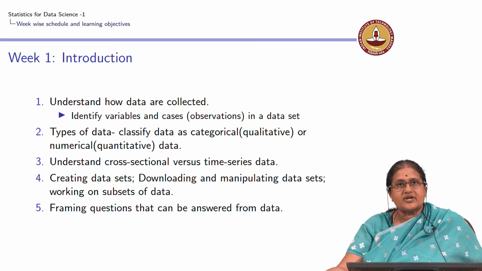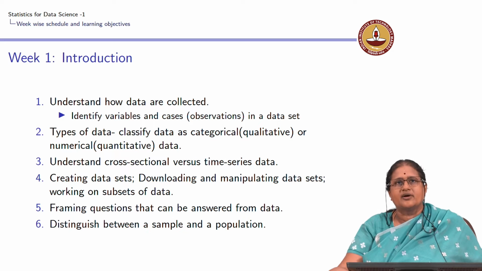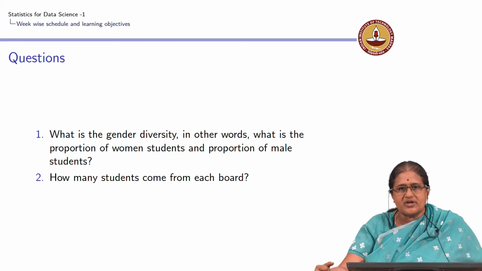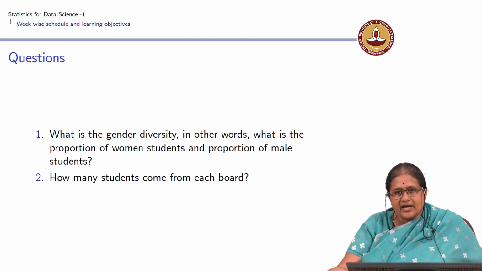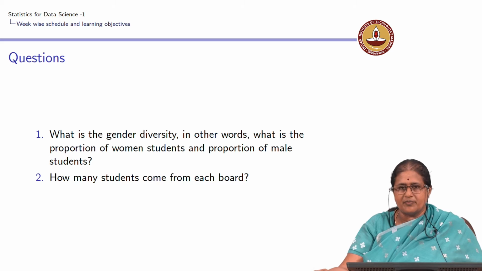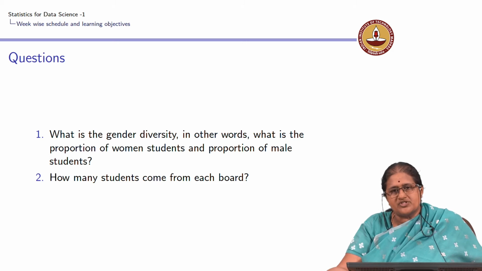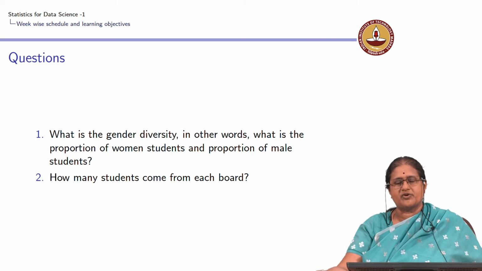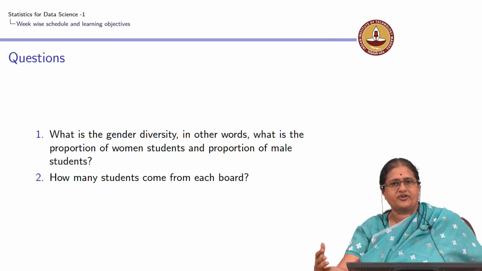As an example, from the data set I presented earlier, we might want to know the proportion of women students to male students. This is a question which anybody would want to know. Or you would want to know the proportion of people who have come from CBSE, the number of people from CBSE, or the distribution of people from ICSE or different boards.